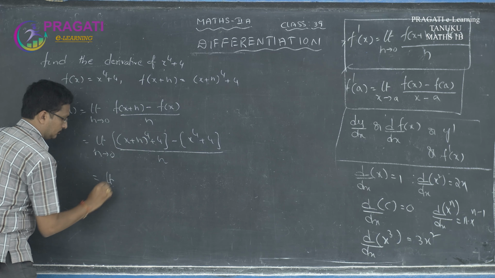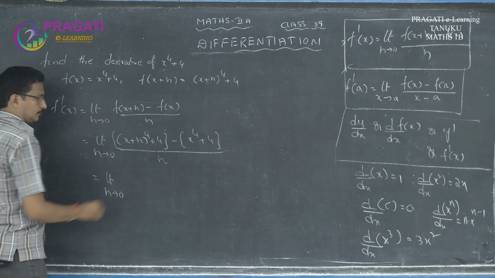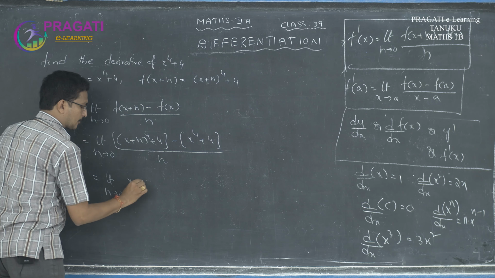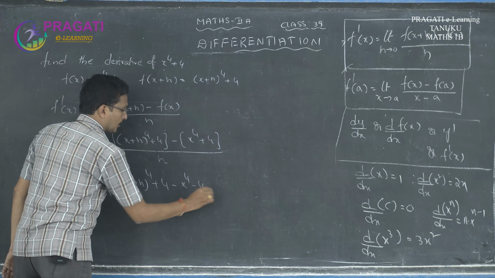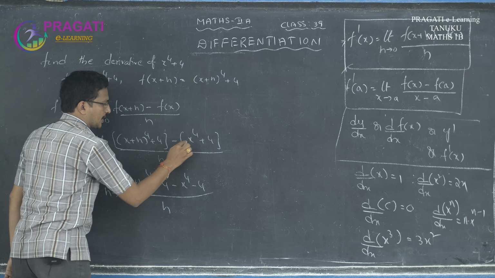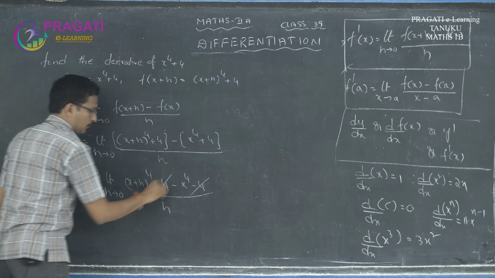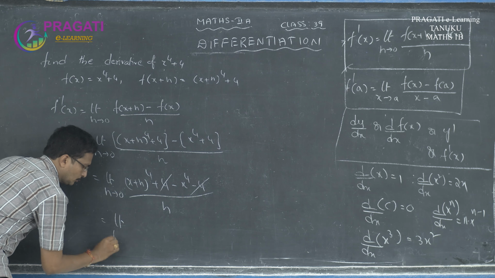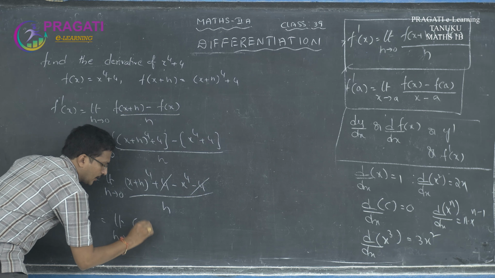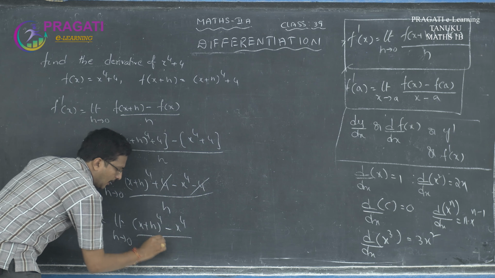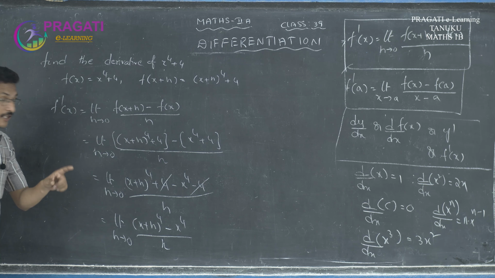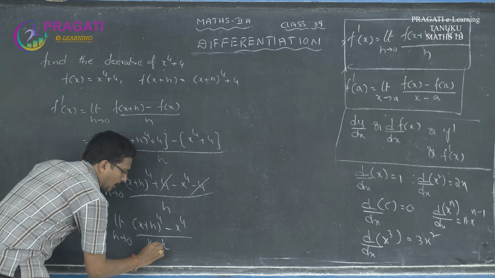Limit h tends to 0, x plus h whole power 4 plus 4 minus x power 4 minus 4 by h. Here, multiplying with the minus sign, the terms minus 4 plus 4 cancel. Limit h tends to 0, x plus h whole power 4 minus x power 4 by h. Here add x and subtract x in the denominator.